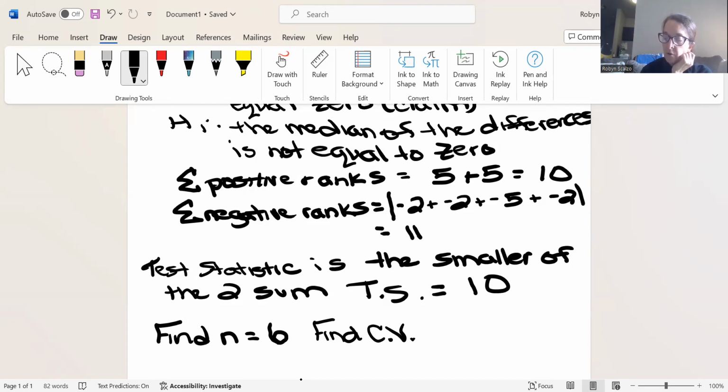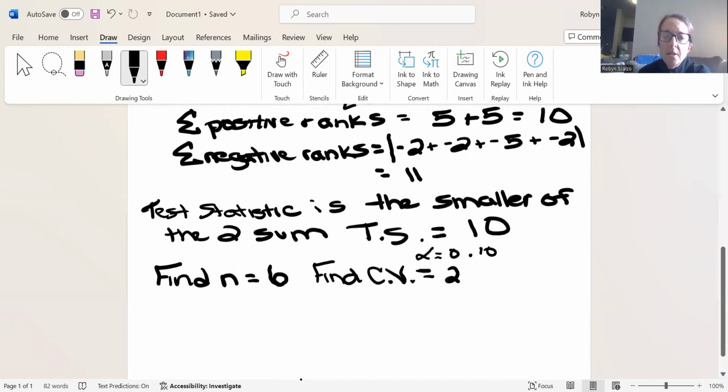We use the table because our n is less than 30. I know my alpha level was given as 0.10. So when I use this alpha level and this sample size, I get a critical value of 2.